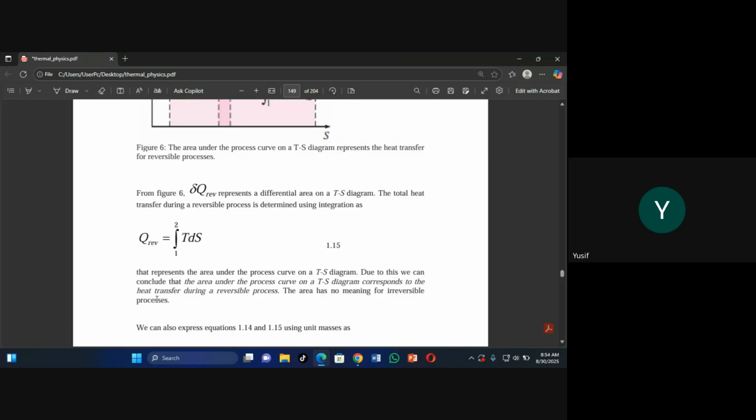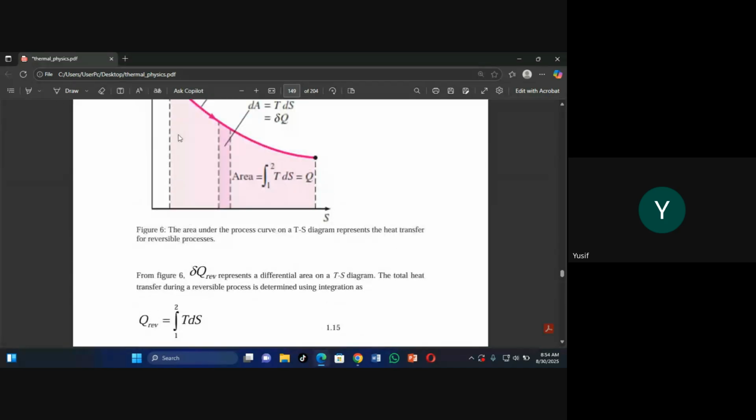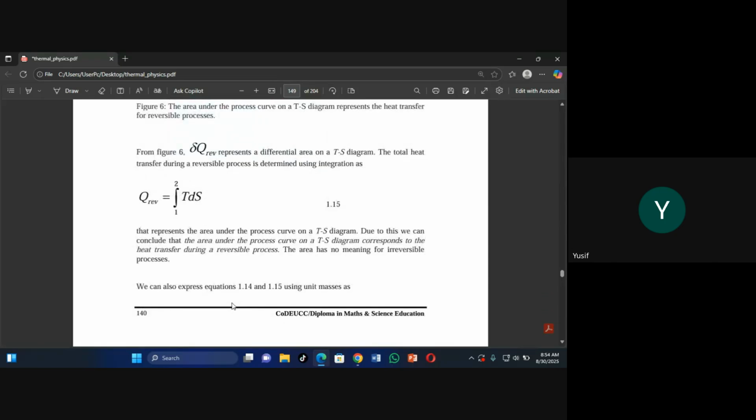And this represents the area under the process curve of the TS diagram, that's the temperature-entropy diagram. Due to this, we can conclude that the area under the process curve on the temperature-entropy diagram corresponds to the heat transfer during a reversible process. And we stated that already. The area has no meaning for irreversible processes. It means when I'm talking about the area, that's the heat here, it has no meaning for irreversible processes.